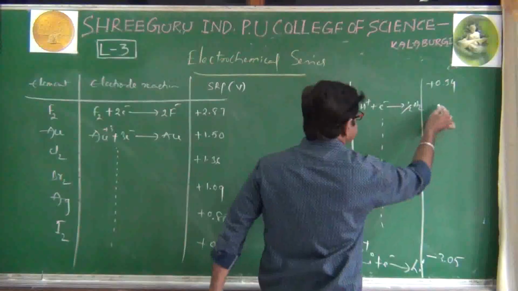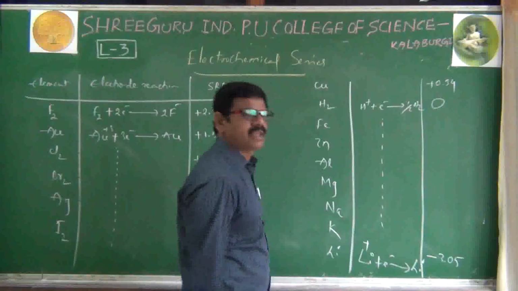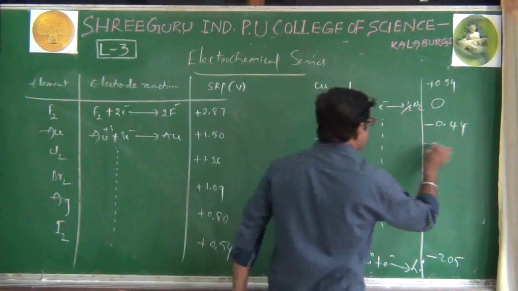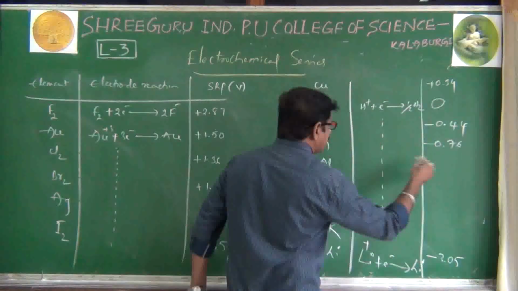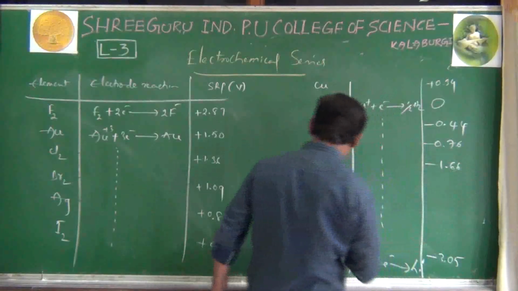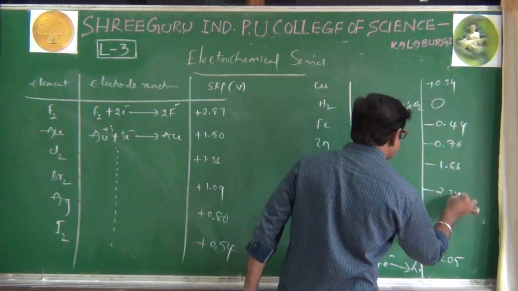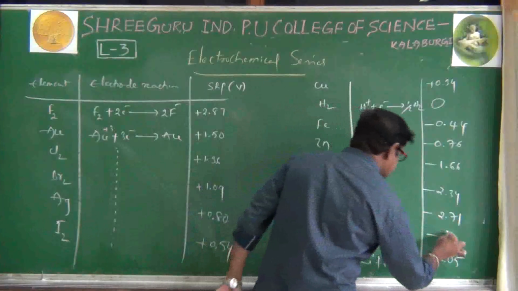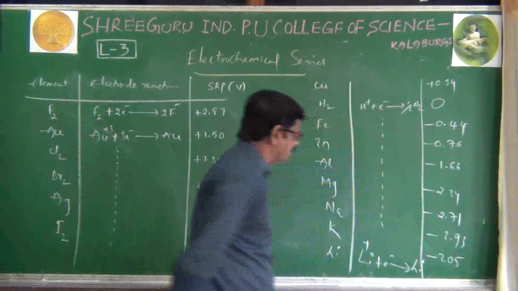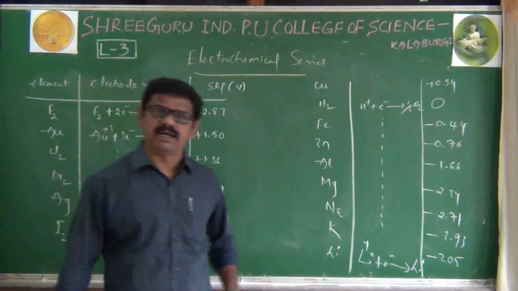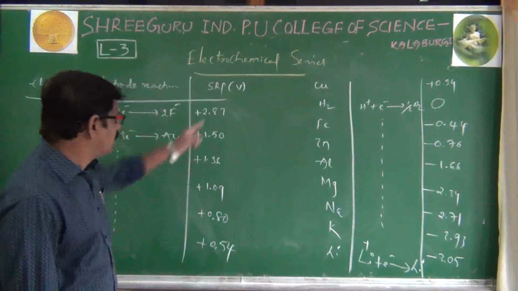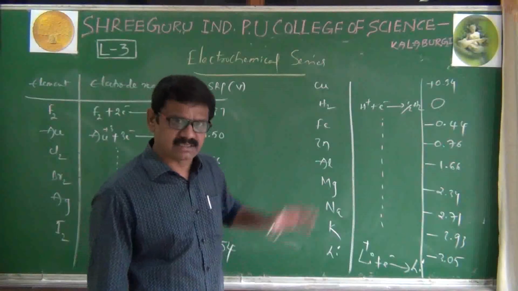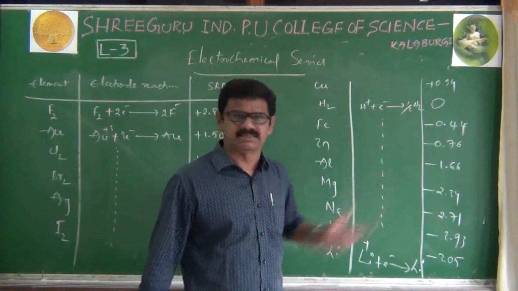And SHE is familiar, its value 0, iron minus 0.44, and zinc minus 0.76, aluminium minus 1.66, magnesium minus 2.34, sodium minus 2.71, and potassium minus 2.93, etc. And finally lithium minus 3.05. This is called the electrochemical series.